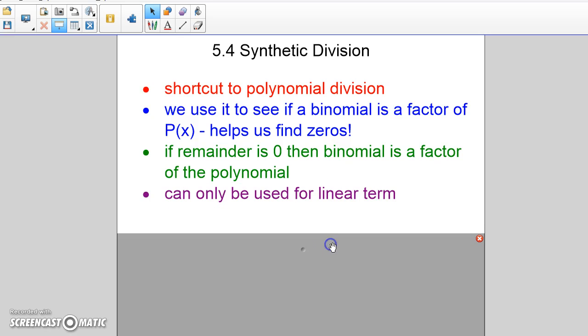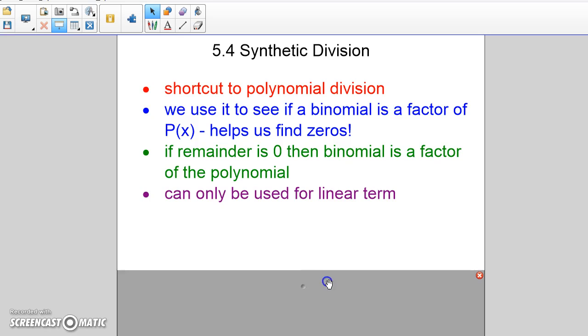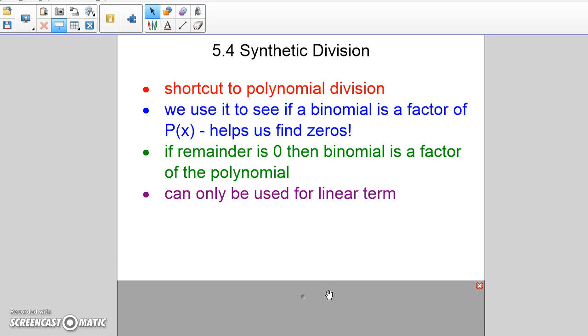And last but not least, synthetic division can only be used for a linear term. What does this mean?